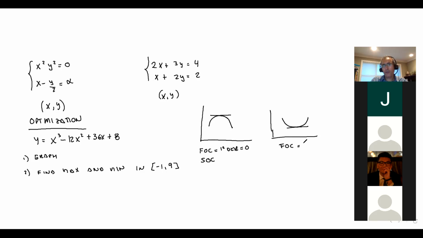Do you agree? So this is the first order condition. What is the second order condition, guys? What happens with the second derivative in order to be a maximum? What is the second order condition?